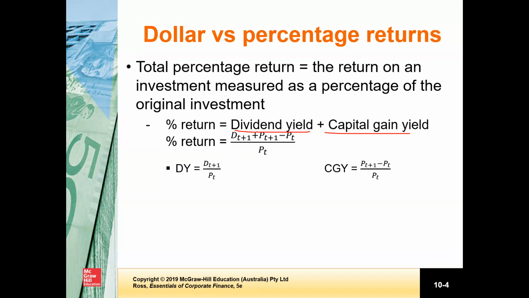So a dividend yield is the dividend divided by your investment, that is price, and capital gain yield is the price differential, that means your selling price minus purchase price, divided by, once again, your investment. So the total percentage return is the dividend, the interim cash flow that you receive from the investment, plus the price differential, divided by P_t, the beginning price, and you get your percentage return.